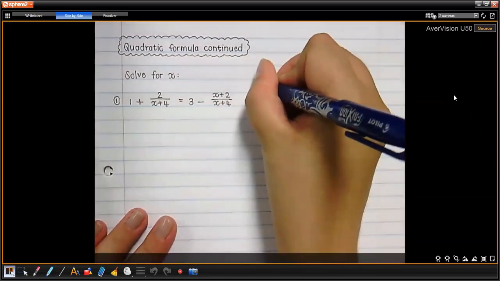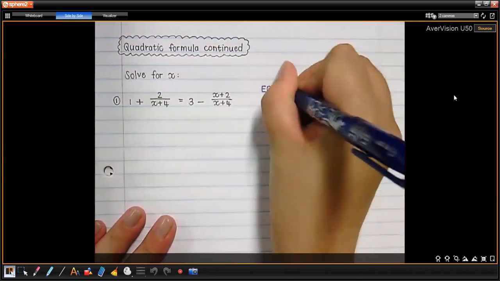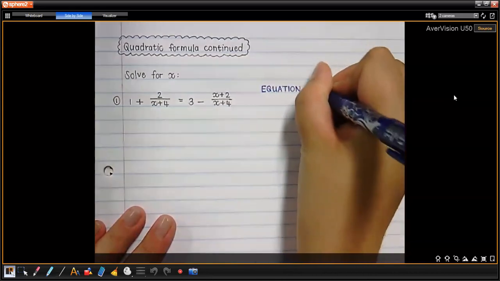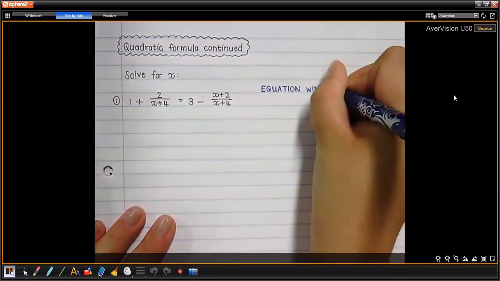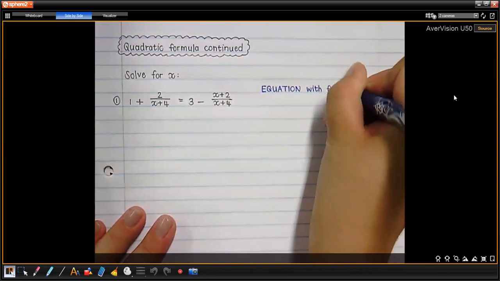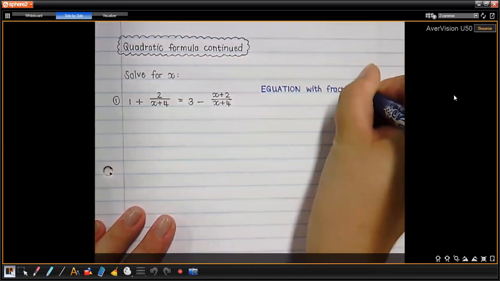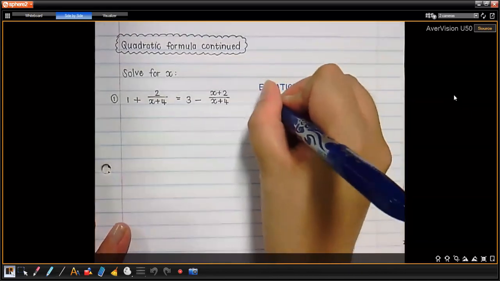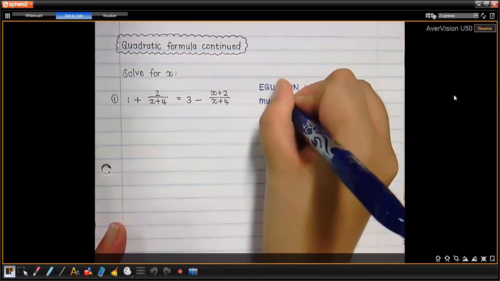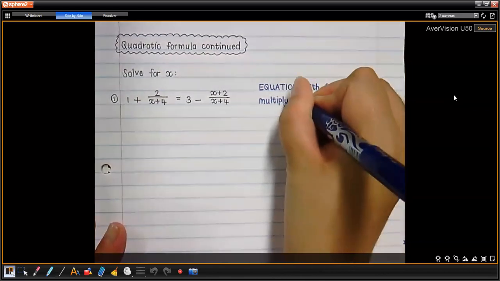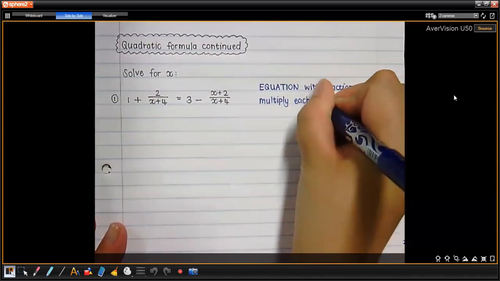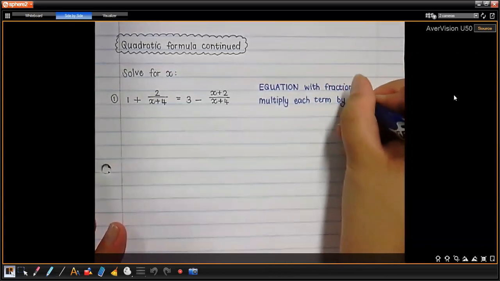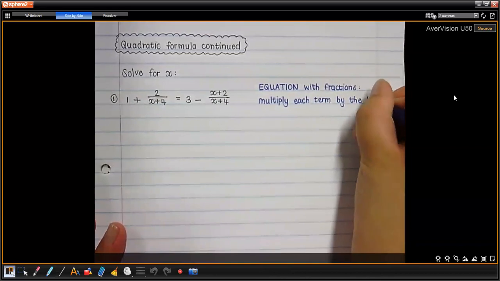Equation with fractions: multiply each term by the LCD.